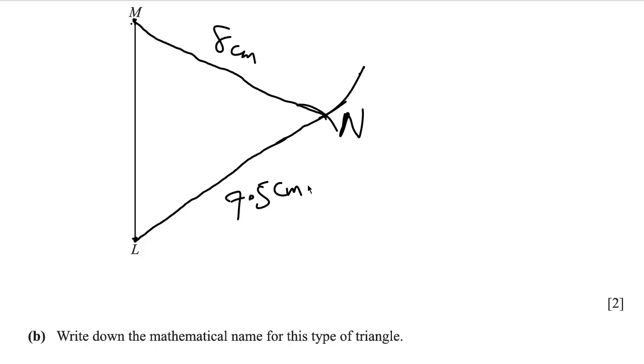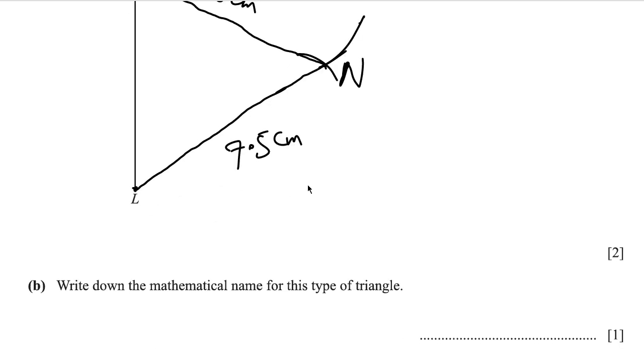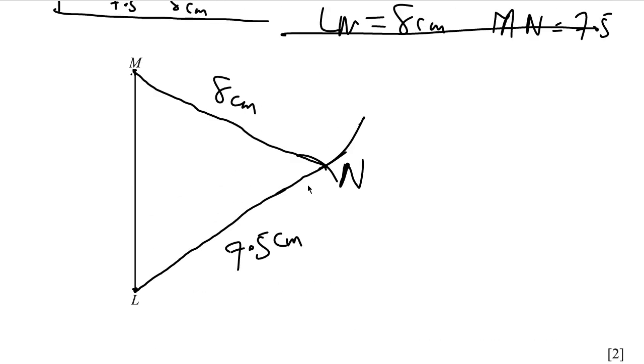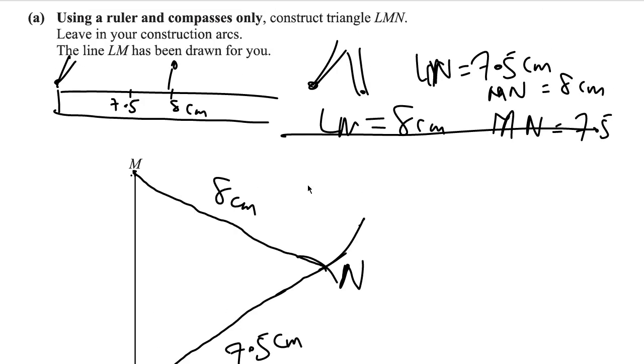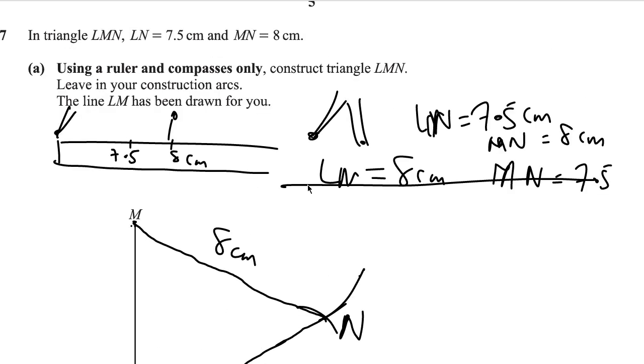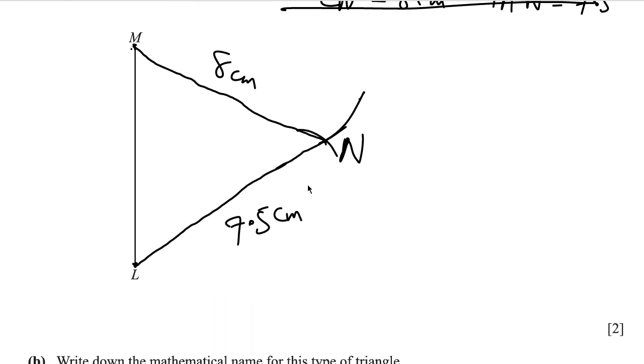Okay, so part B says write down the mathematical name for this type of triangle. You know we have three types of triangles: the equilateral, the isosceles, and the scalene. In this case, we have 8 cm and 7.5 cm, and when the length of ML is measured, you would see that it's not equal to MN and not equal to LN.